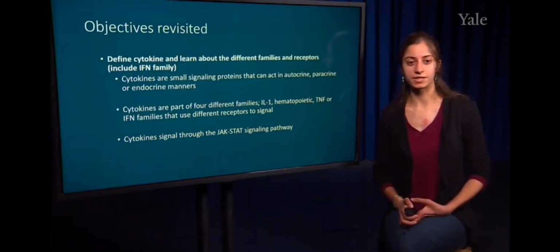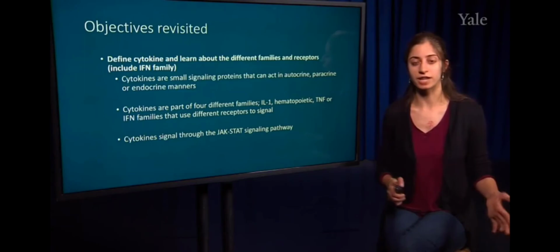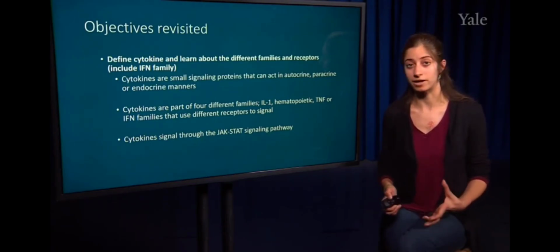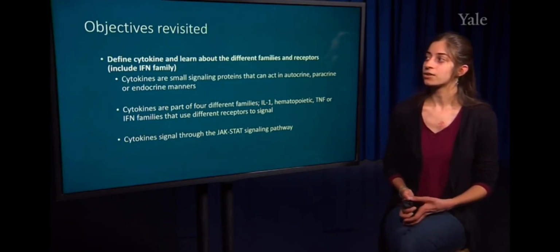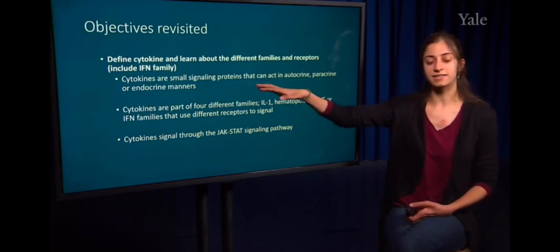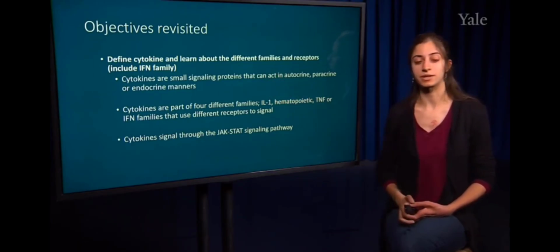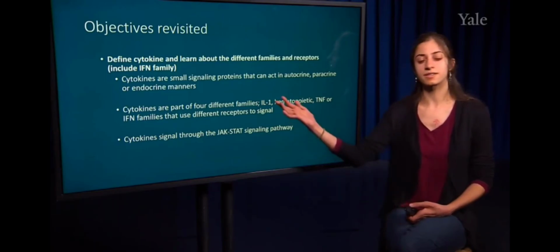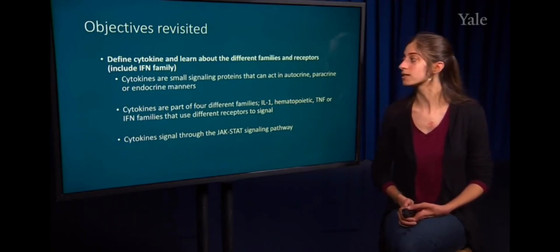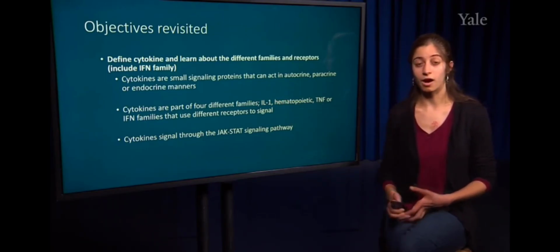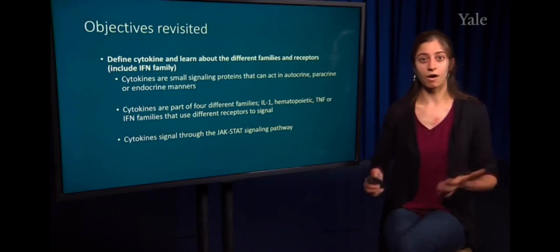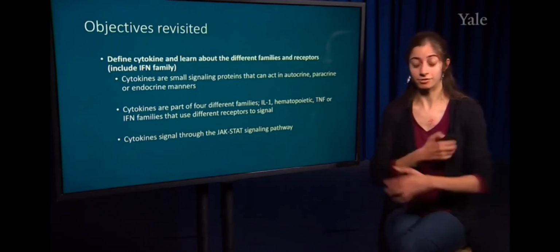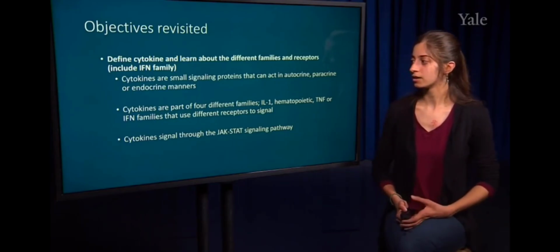So to finish up for today, let's revisit some of our objectives and the main points that you can take away from today's lecture. So in our first objective, where we defined cytokines and learned about the different families and receptors, we learned that cytokines are small signaling proteins that can act in an autocrine on themselves, paracrine on their neighbors, or endocrine everywhere else manner.